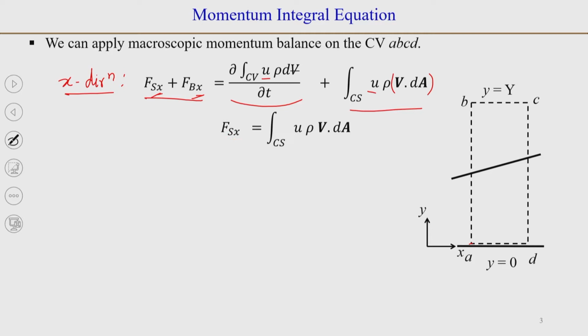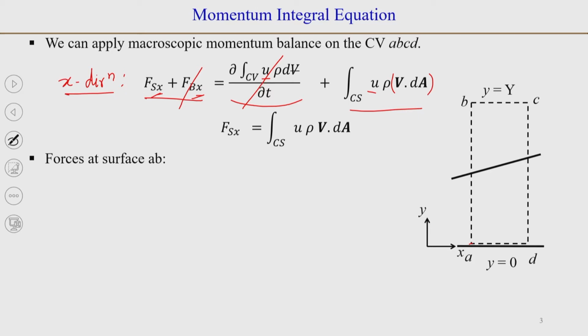Because the flow is steady, this term will be 0, and there is no body force present along the x direction. We will consider that this x direction is horizontal direction.